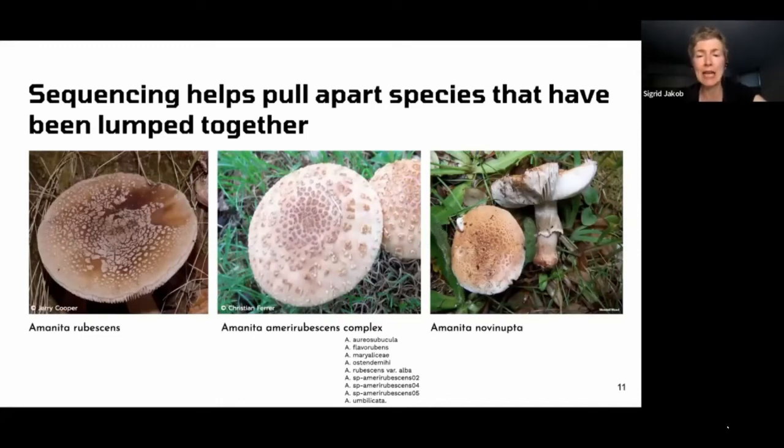They all have slight morphological differences. Amerirubescens is a little shorter and often a little yellower in the universal veil. Amanita novinupta is completely white in its early stage. So there's usually a little tell that tells you it's a different species, but it's not always easy to pick them up unless you know there's something to look for. So it helps us split, I guess.